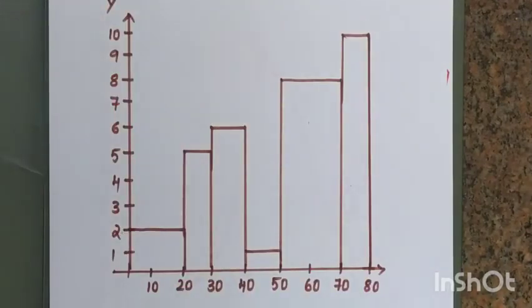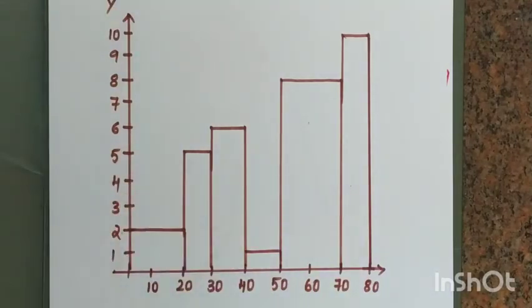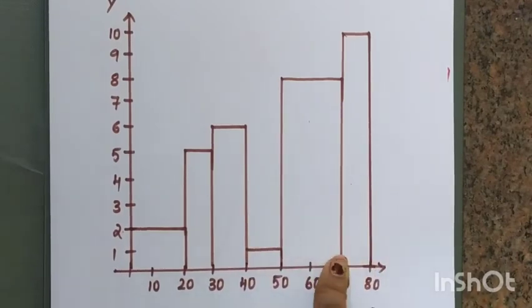A histogram is similar to a bar graph, but the breadth as well as the length will differ. See here, I have written a few values on the x-axis as well as on the y-axis, but the breadth here is from 0 to 20, whereas here it's 10, again 10, 10, whereas here it's 20, 10.